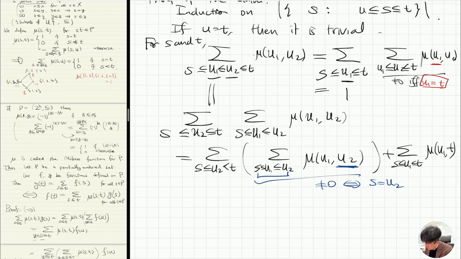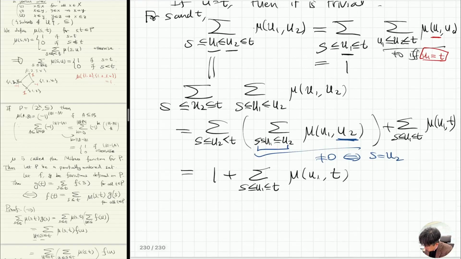Right? So that means the only place it gets non-zero is 1 plus S U1 T and mu U1 T. So therefore, S U1 T mu U1 T is 0.